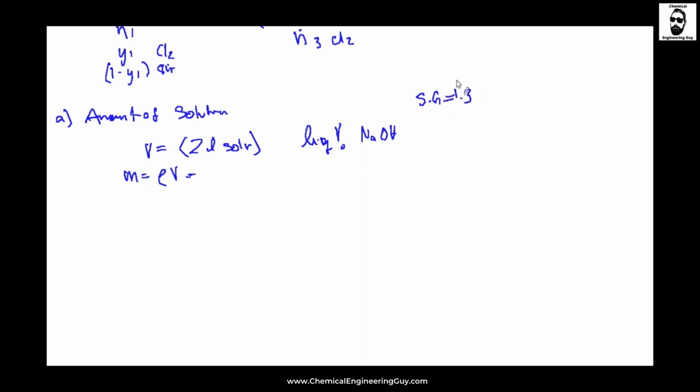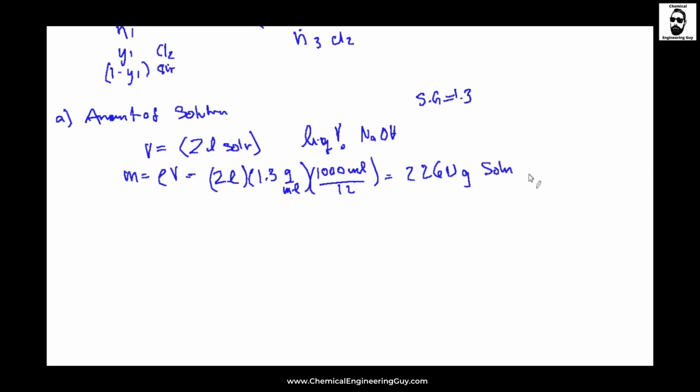So I'm going to use 2 liters times 1.13 grams per milliliter, and change 1000 milliliters to 1 liter. Doing this, you should get something around 2,260 grams of solution, or 2.26 kilograms of solution, whatever you want to use.